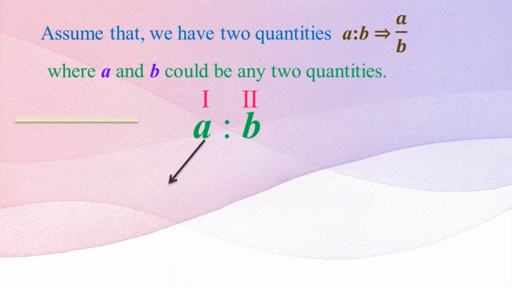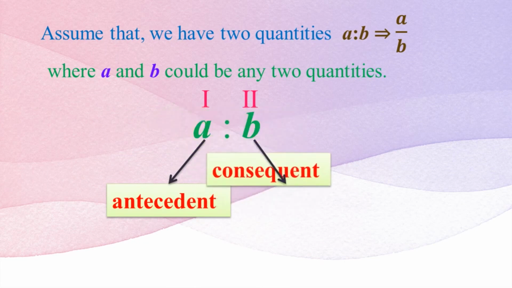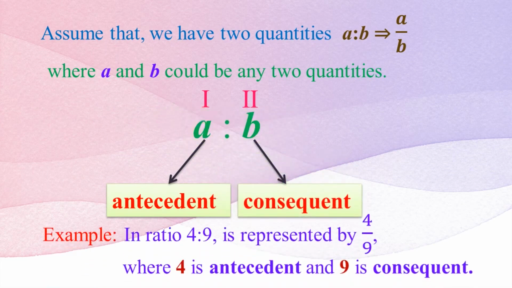The first term is called antecedent and the second term is called consequent. For example, the ratio 4:9 is represented by 4/9 in fraction form, where 4 is the antecedent and 9 is the consequent.